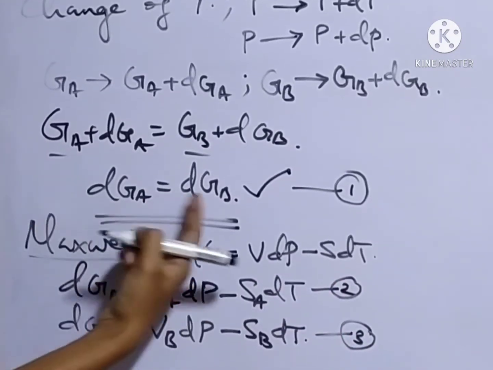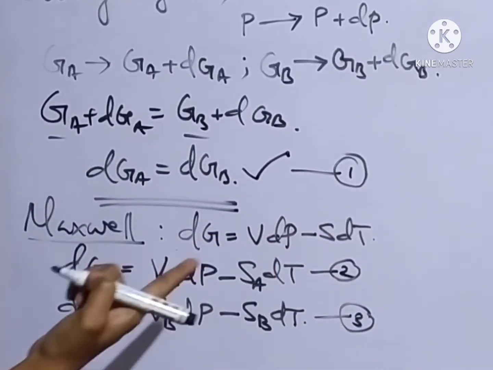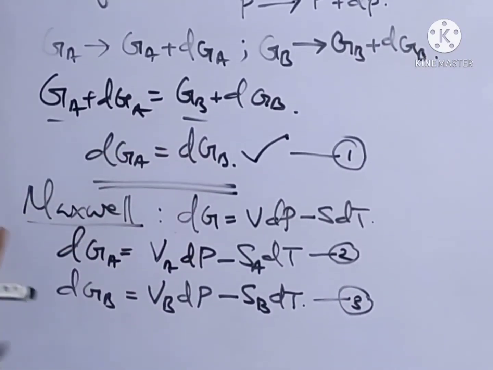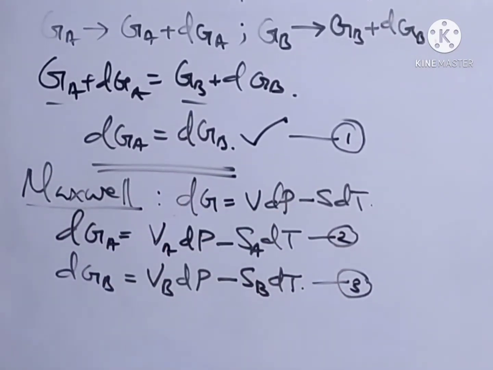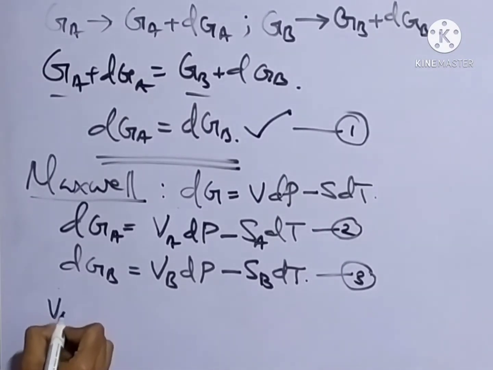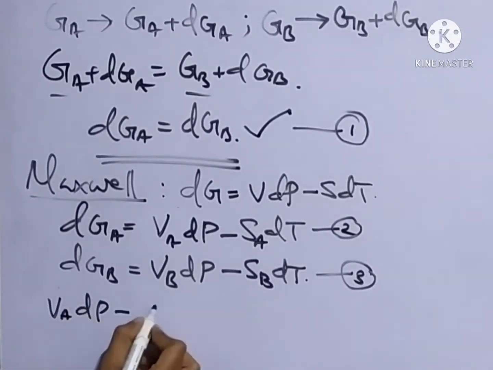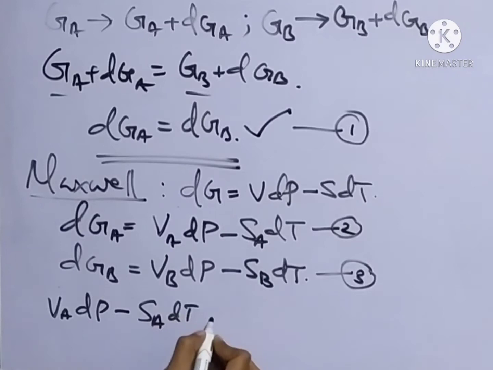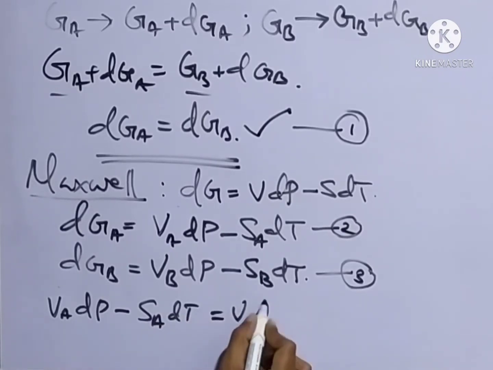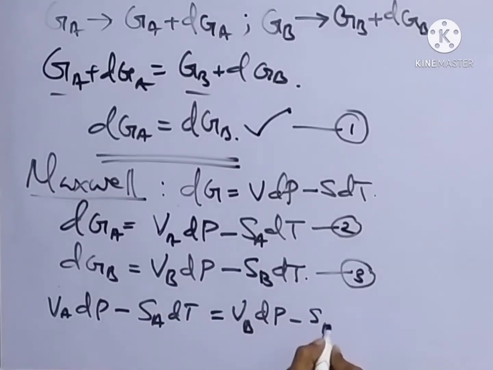By comparing equations 1, 2 and 3, that is dGA equals dGB, we can write 2 equal to 3. That means VAdP minus SAdT equals VBdP minus SBdT.